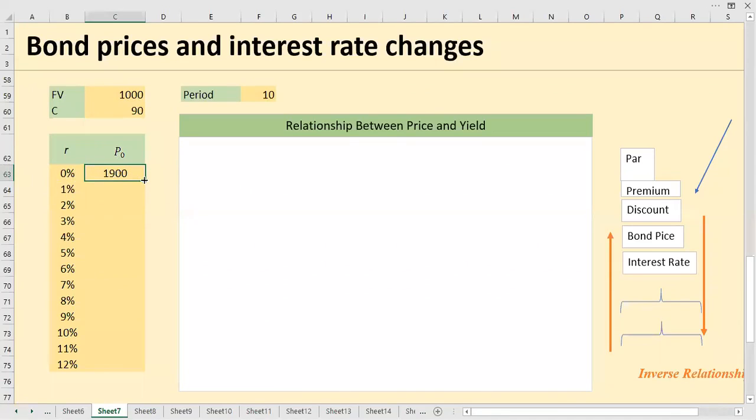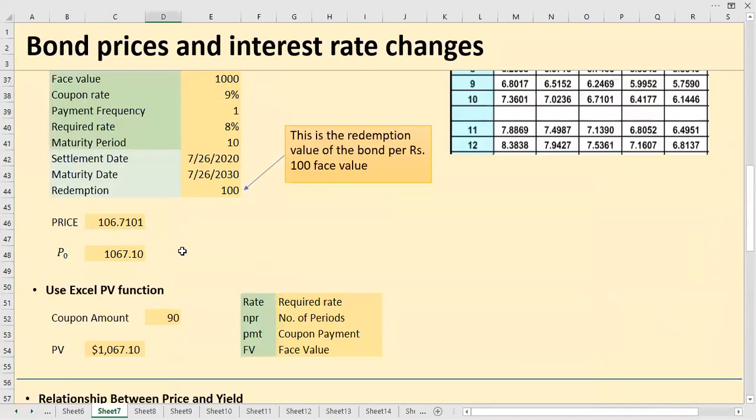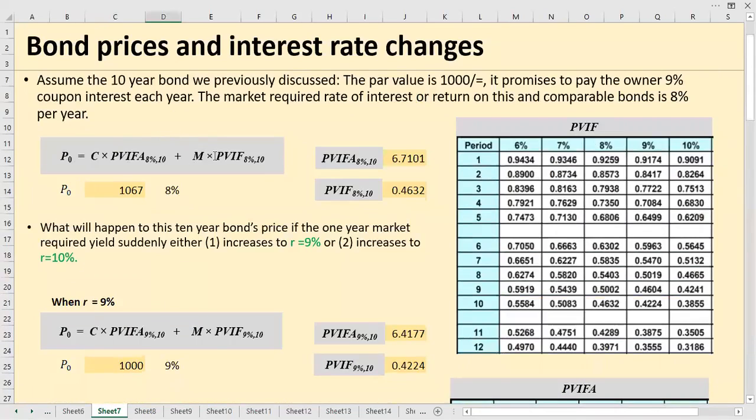So I'm going to drag this down, and you will get the answers for these bond prices calculated by Excel. You can always verify these answers. Now we have already calculated some values based on our trusty old formula.